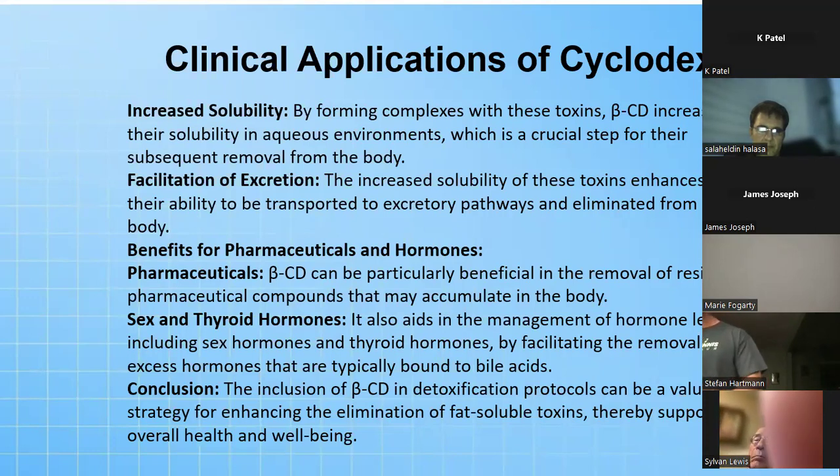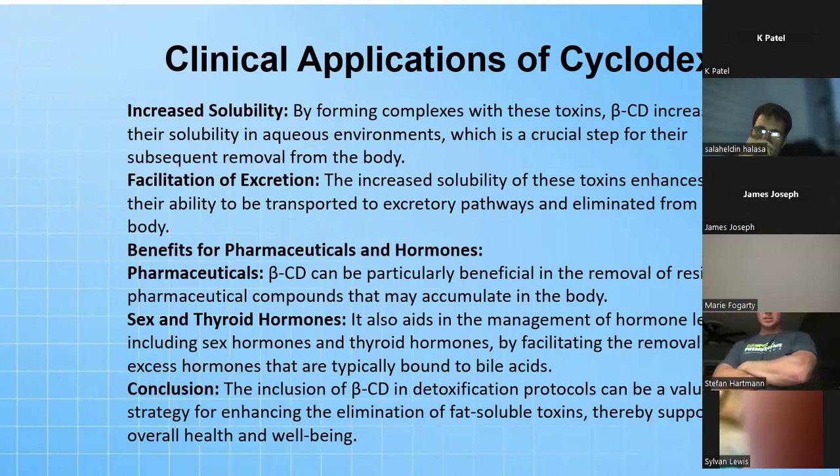I would say they are sequestered in the membranes, in the organs, in the mitochondrial membranes, in the endoplasmic reticulum. There are all different places where these hormones get metabolized, so they may be in different places. So I think it should be removing also from those membranes, not just the removal of excess hormones from the bile acids.